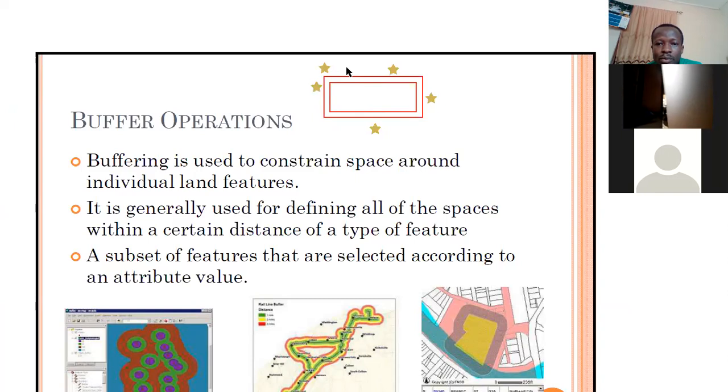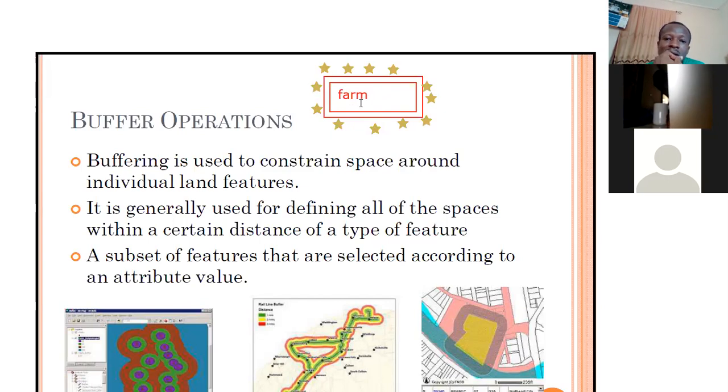The fire will just go around your farm, but it will never enter your farm, simply because you've created a buffer. It means that you are constraining space around an object. The object of interest is your farm. So that is the simple application of a buffer zone, or buffering.